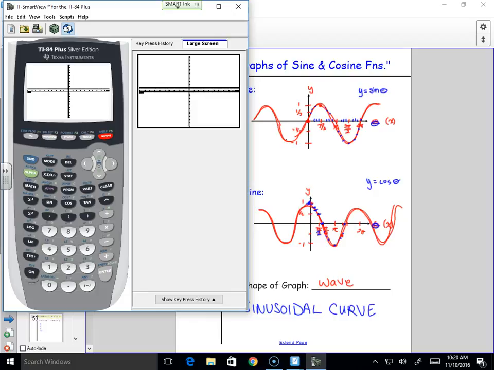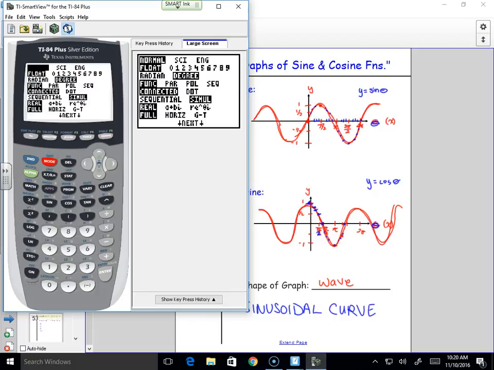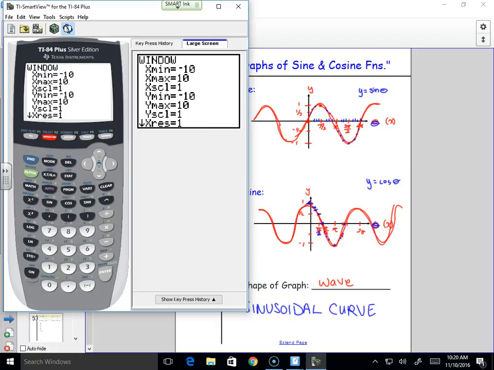How many tick marks would it take for me to see a lot in degrees? 101. Like 360. 360, 180. I need a lot of tick marks, right? Radians, though, 2 pi is only 6.28. So I don't need a lot of tick marks. Now, how would I make it look good if I am, which I am, in degrees? What do I have to do in my window? You have to stretch it. Really stretch it, right?